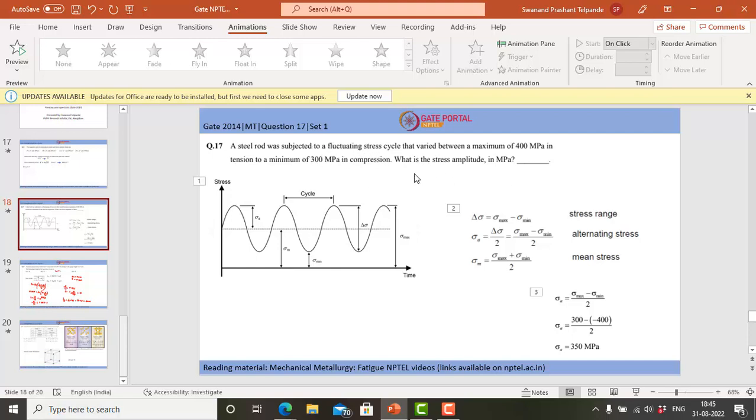One of you made the mistake of taking 400 minus 300 divided by 2, whereas it is actually 400 minus of minus 300. So it is 700 divided by 2, because you skipped the word compression. You need to make sure that you don't make such mistakes further. So read the question carefully, then see which formula fits in and then come to the answer.